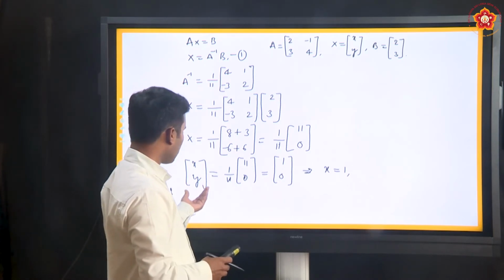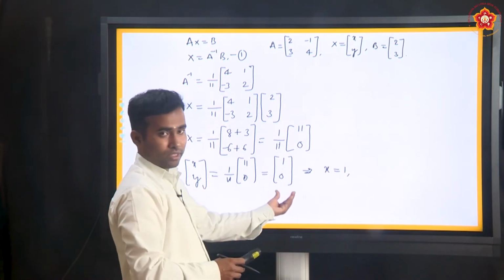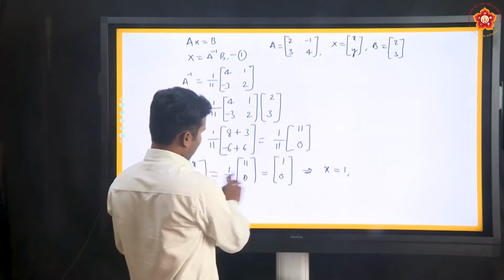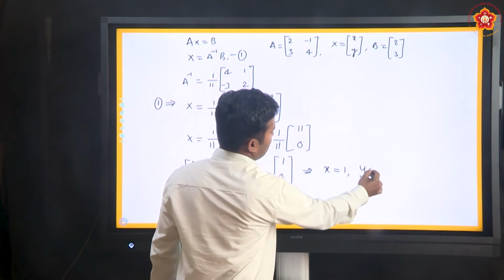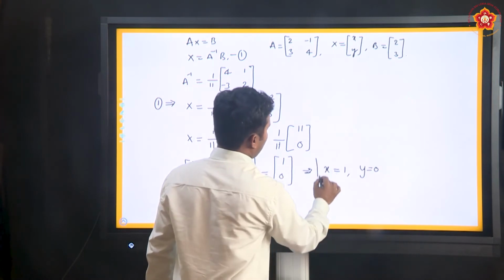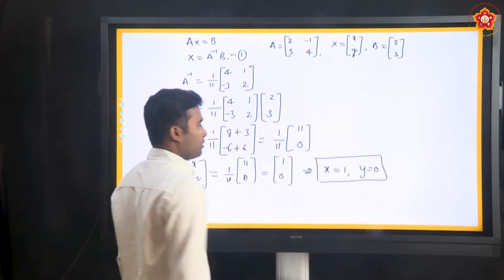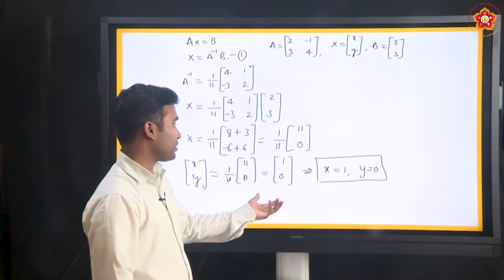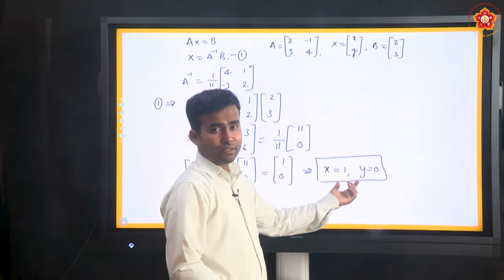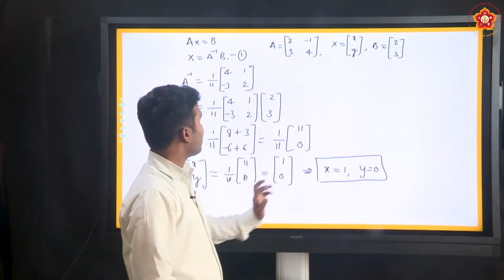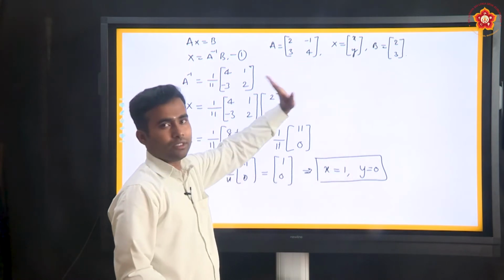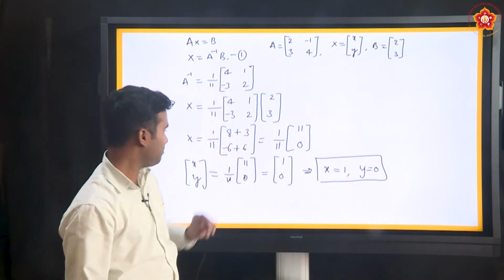See, the order of this matrix is same as the order of this, so we can equate them, understand. So, x is equal to 1 and y is equal to 0. So, now here we got the values of x and y. Once you get the values of x and y, you can verify by substituting these values in any one of the given equations.